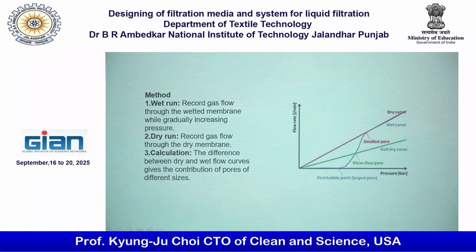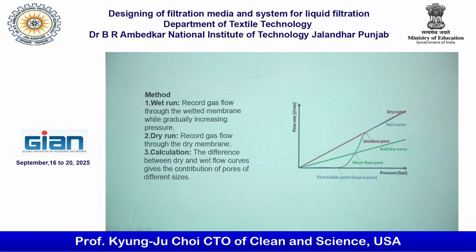And then it's going up, and then it dries out, same as the drying curve there. So in the middle, half dry curve right here, that we call the mean flow pore. That's quite important.